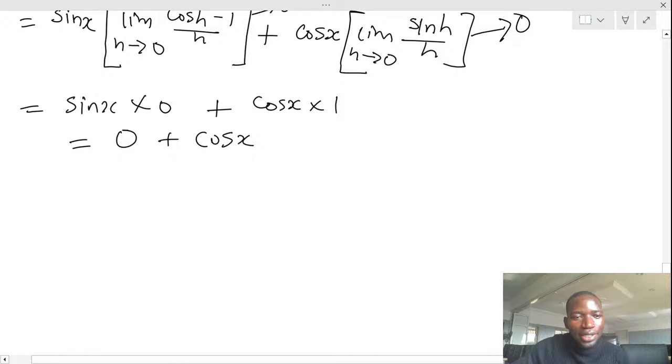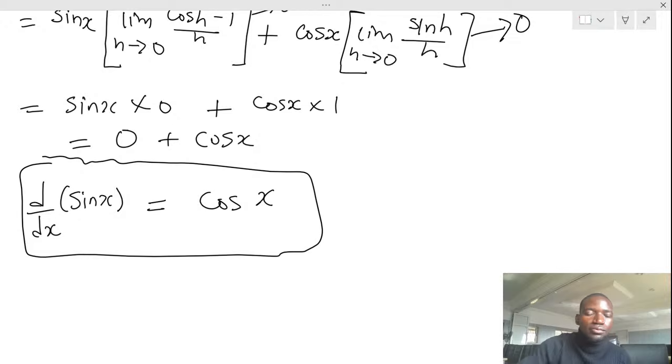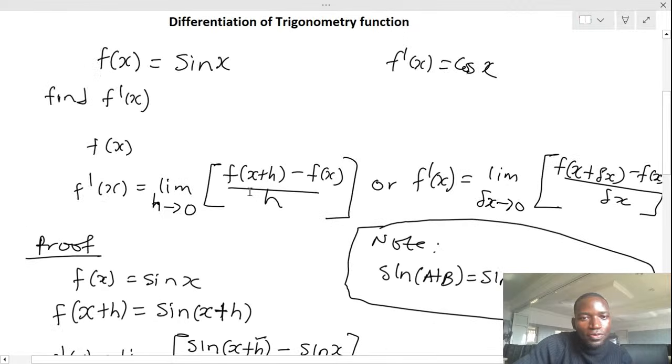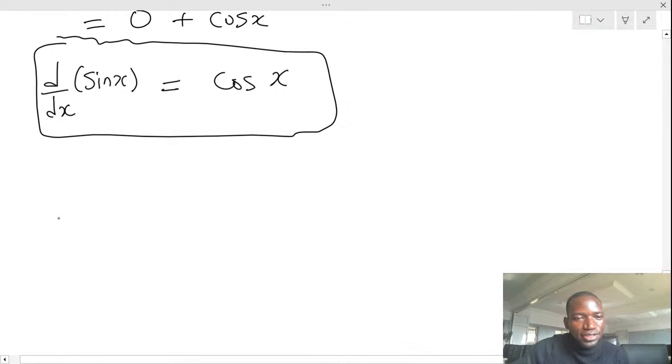That is why if you differentiate sine x, you're always going to have cos x. You can have this one as f prime of x. So that is our answer. All right, I will ask that you try differentiating y equal to cos x.